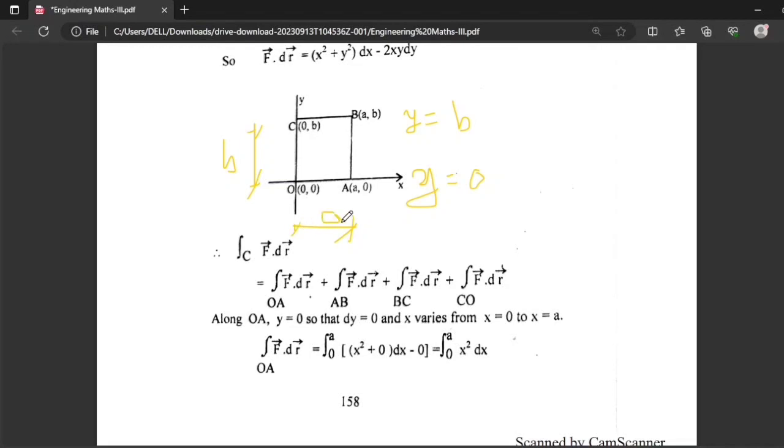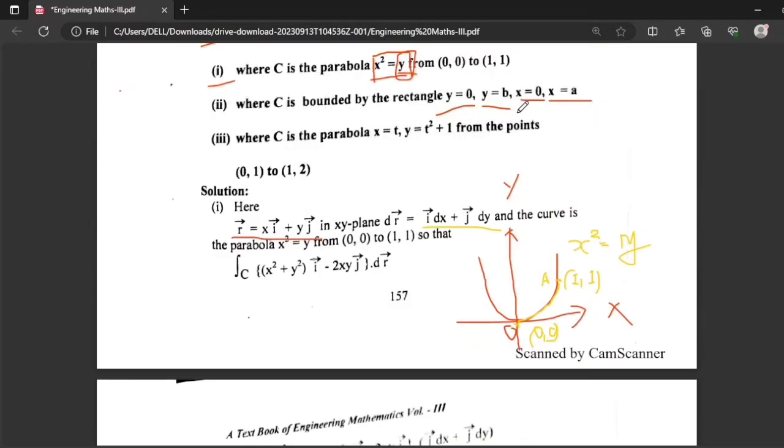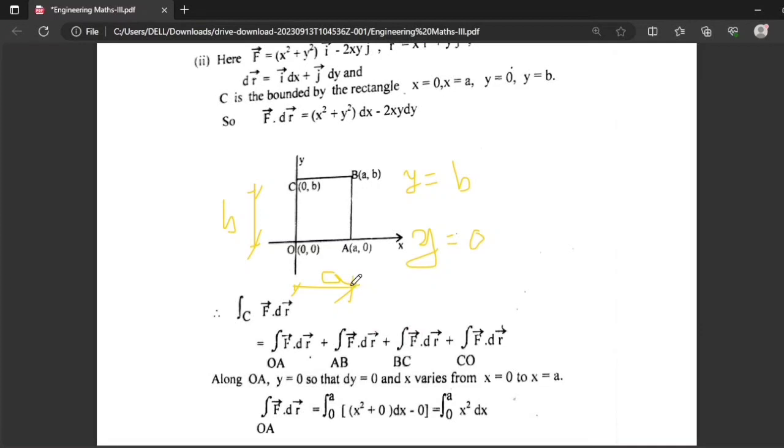So x equals 0 to x equals a. x equals 0 is the y-axis, and x equals a, this distance is a.